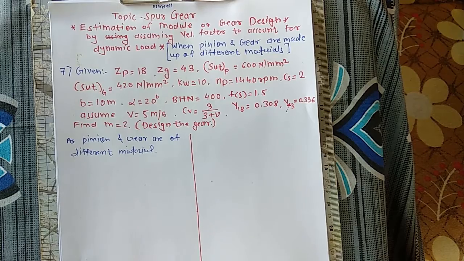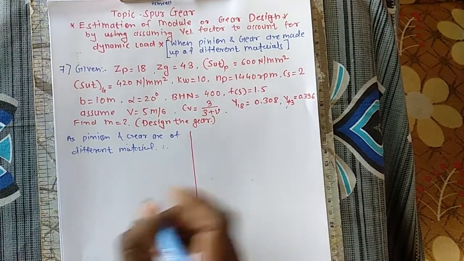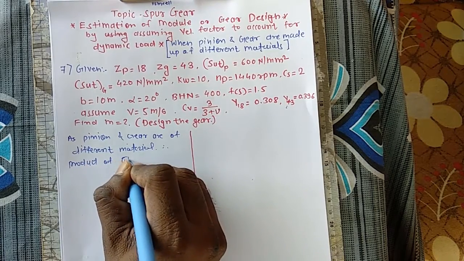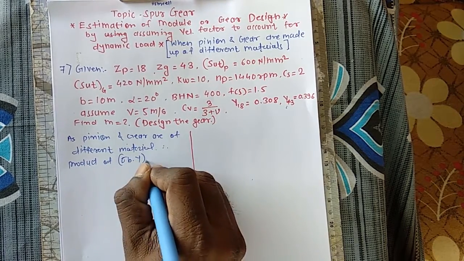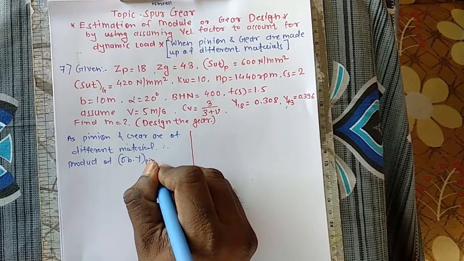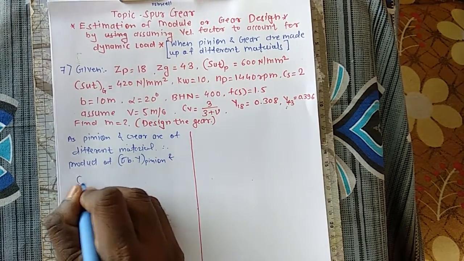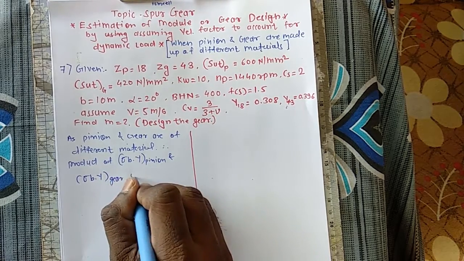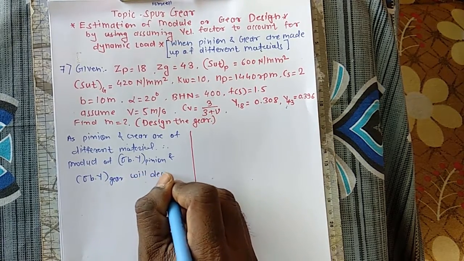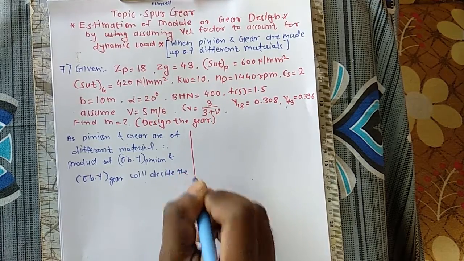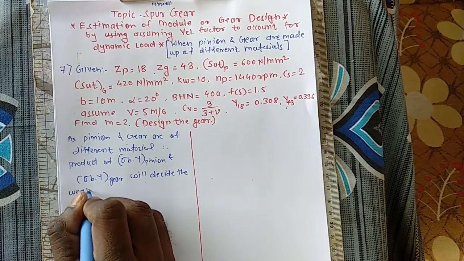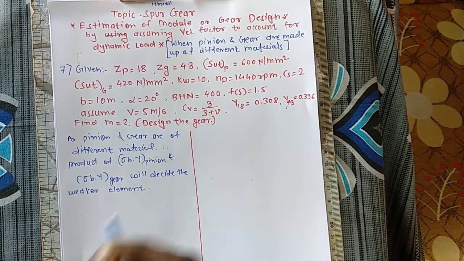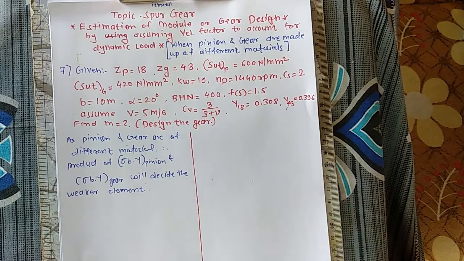As the pinion and gear are of different material, therefore, the product of sigma B into Y for pinion and sigma B into Y for gear will decide the weaker element, because both are having different materials.